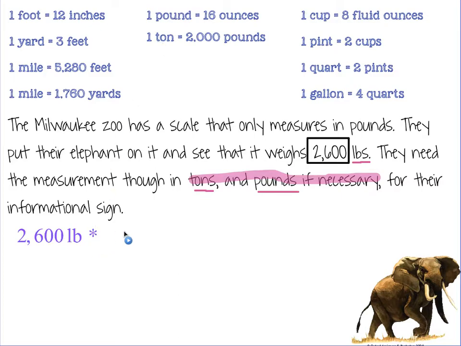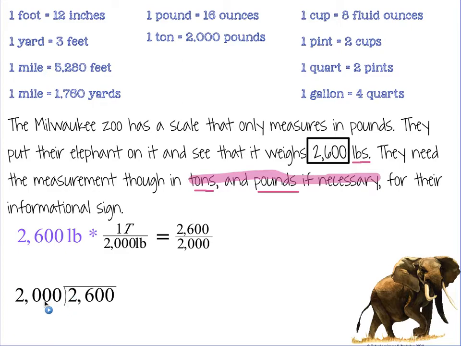Since I want to get to tons, my rate would be 1 ton over 2,000 pounds, which means I end up taking that 2,600 and dividing it by 2,000. So I'm putting 2,600 into groups of 2,000. I end up with 1 ton because I have one group of 2,000, but I have 600 pounds left over.